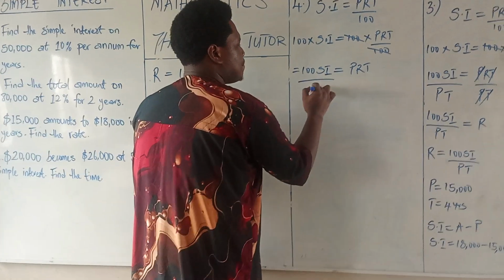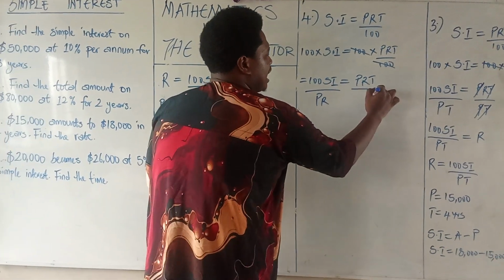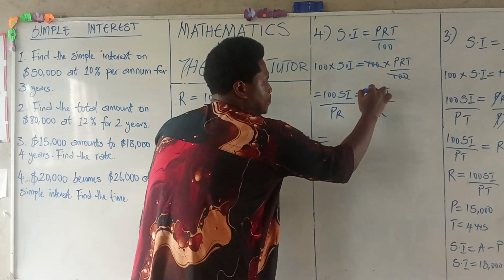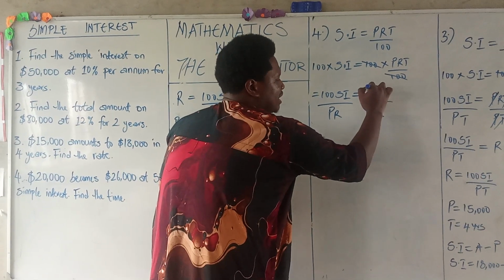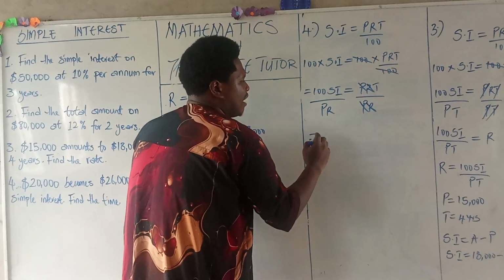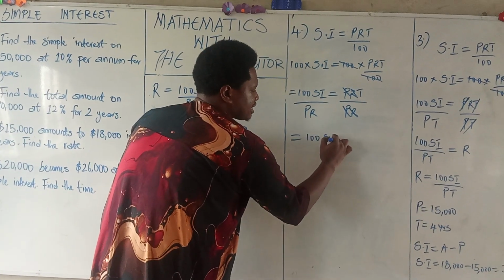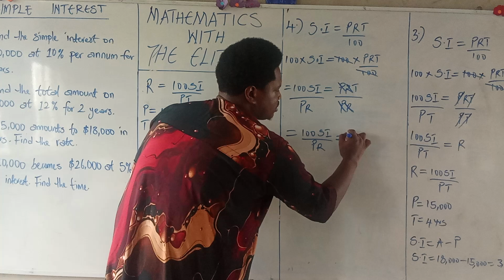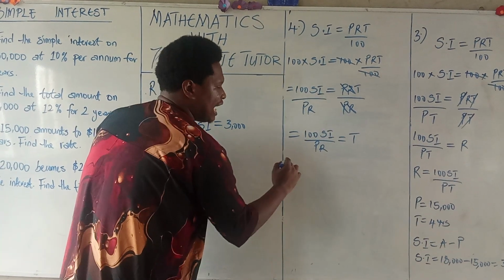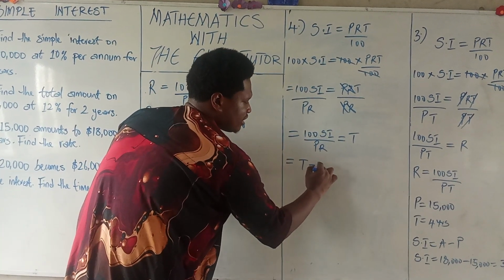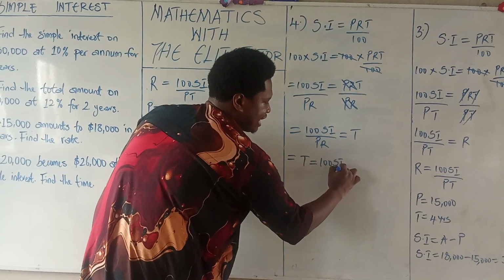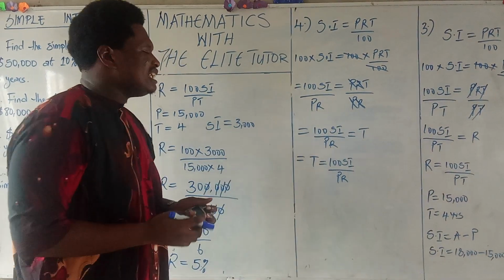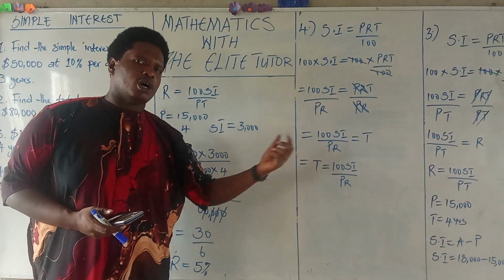So here divided by PR, here divided by PR. PR will cancel PR, P will cancel P, R will cancel R. So we have that 100 SI over PR is equal to T, which can be written as T is equal to 100 SI over PR. So you can see that we've been able to make T the subject.